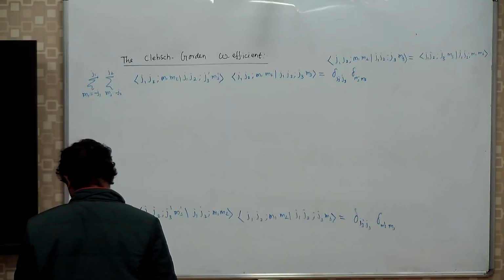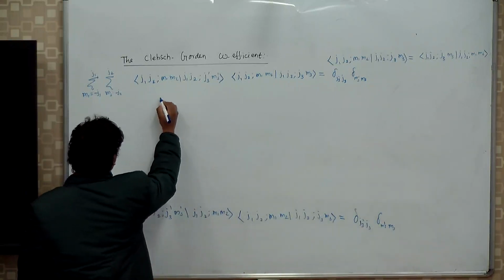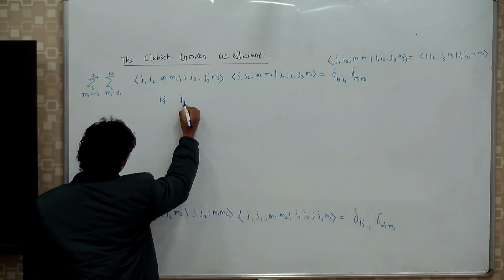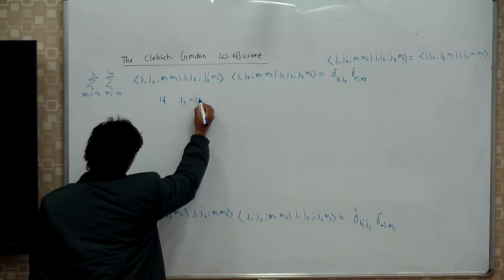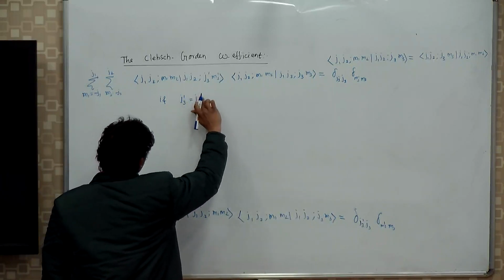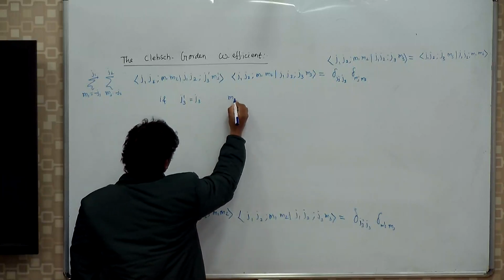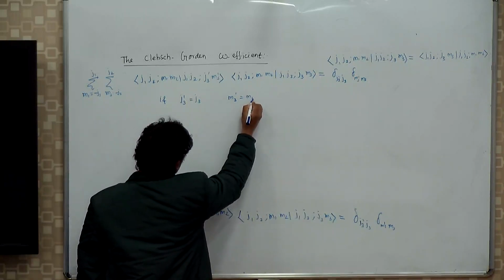Now if we impose a condition that J3 is equal to J3 dash, then the value of M3 dash is also M3.